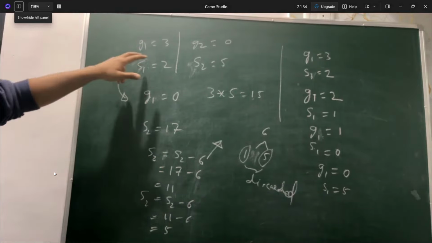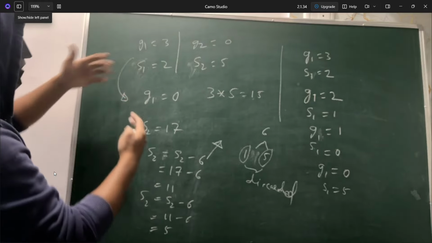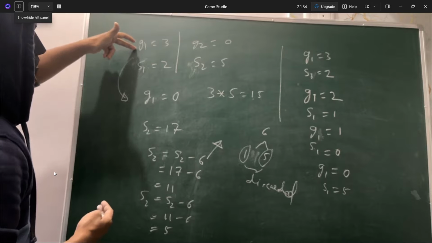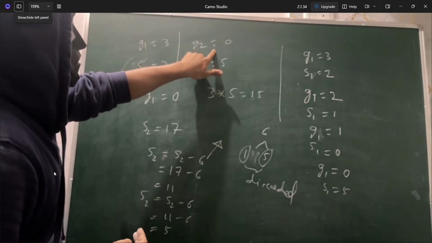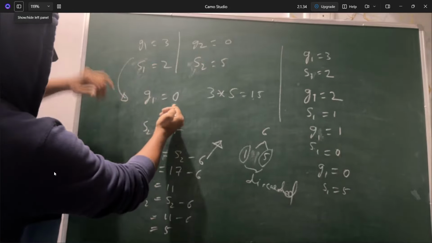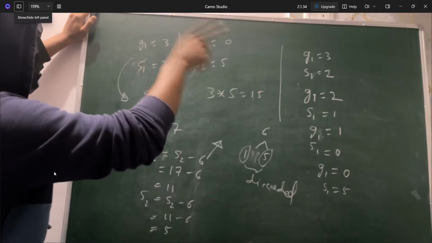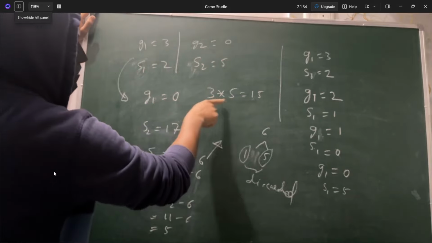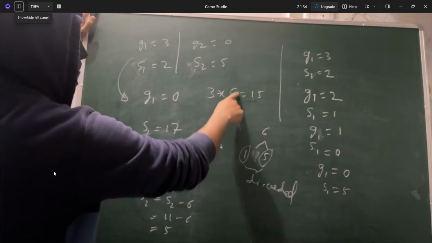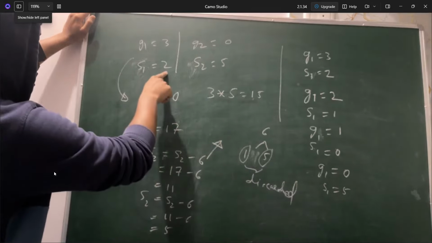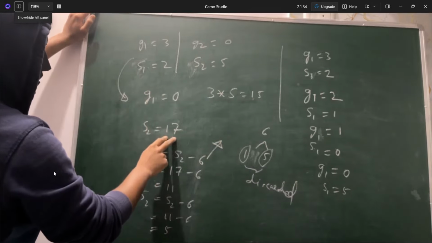What I'll be doing is, for any given gold and silver, I will try to make the gold equivalent to the final value they want. Okay, so I want to make it 0. When you have 3 and you want to make 0, the 3 gold coins will make the transformation. So in that case 3 into 5, because for every gold coin you receive 5 silver coins. So you have got 15 coins, so you have added 15.